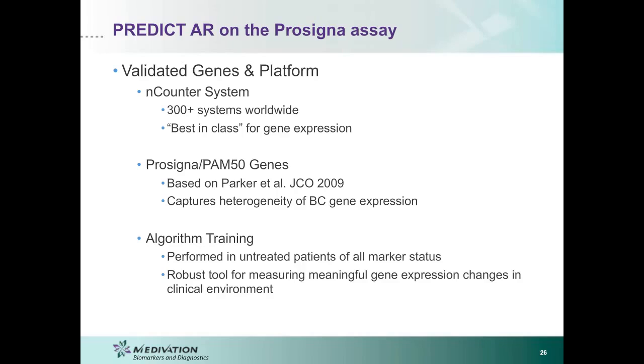Now, what's different here is that we have this wonderful tool from NanoString called Prosigna, which is already on the market and allows for classification and measurement of gene expression from FFPE tissues, and has already been validated in breast cancer.